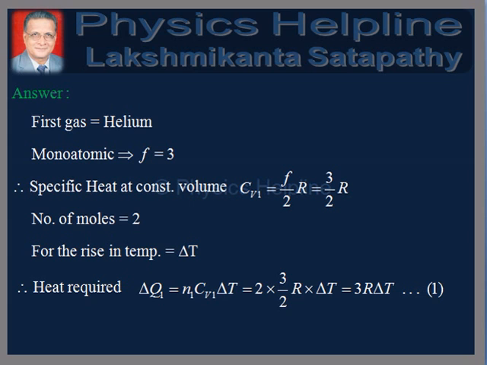Let the rise in temperature be equal to delta T. Therefore, heat required is given by delta Q1 is equal to n1 Cv1 into delta T. Putting the values and simplifying, we get delta Q1 is equal to 3R into delta T.